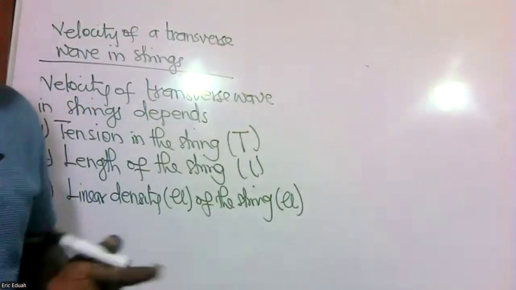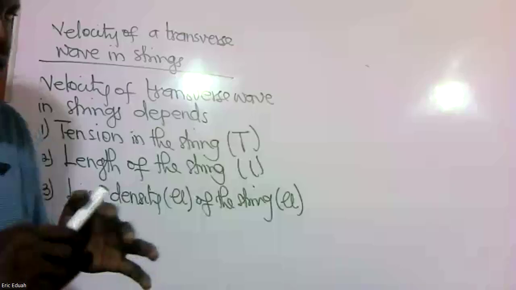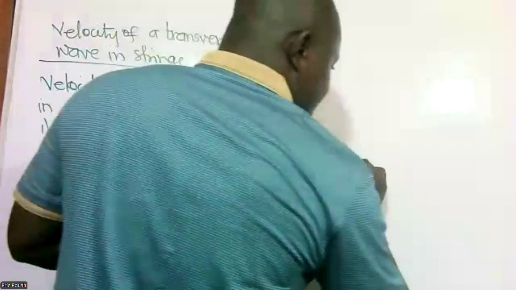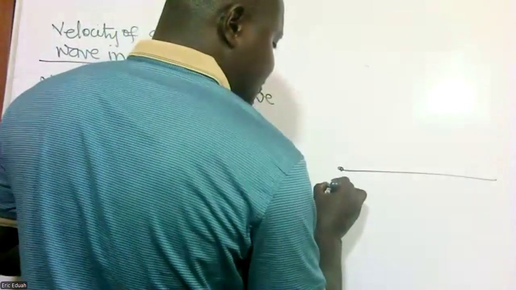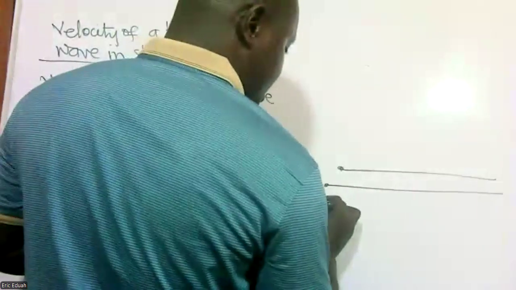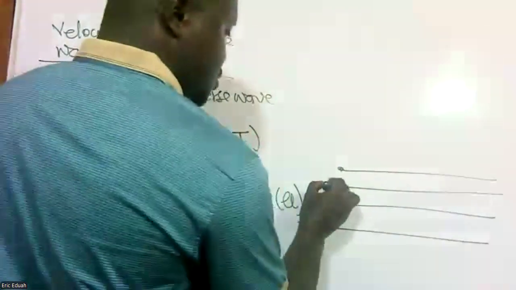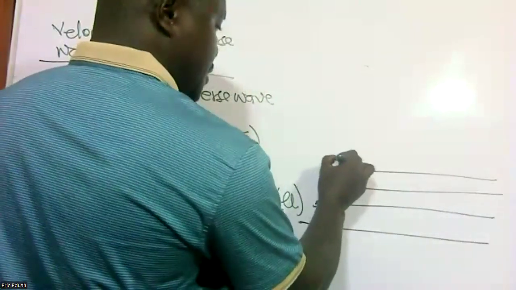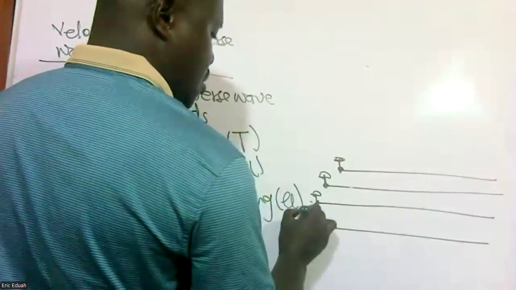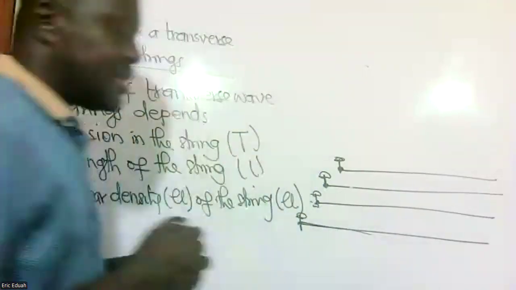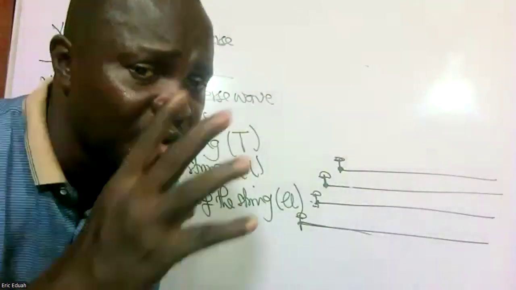Two, guitar strings vary in length. If you've been observant, you realize that the length of the guitar strings varies. Usually 5 strings, and there's a knob here, there's also a knob here, on and on. This variation in the length of the string gives it a different sound frequency.